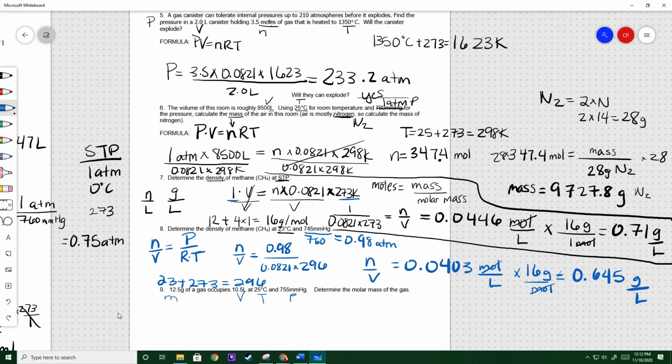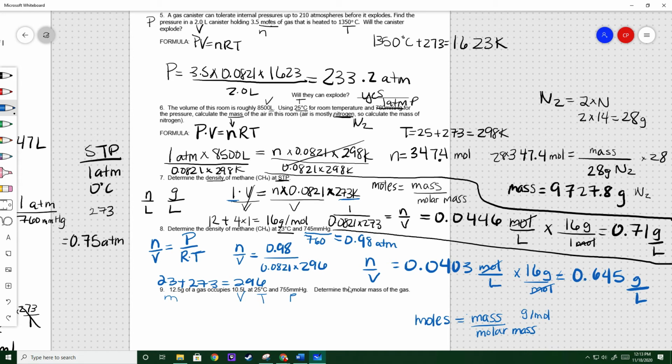And remember, moles is considered the mass over molar mass. That's how we get it. In this case, it would be grams per mole.